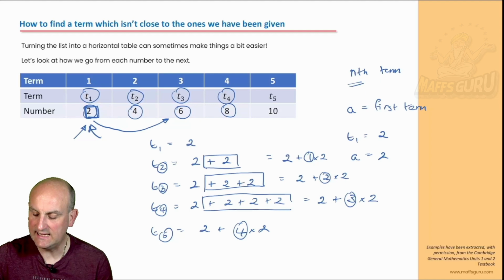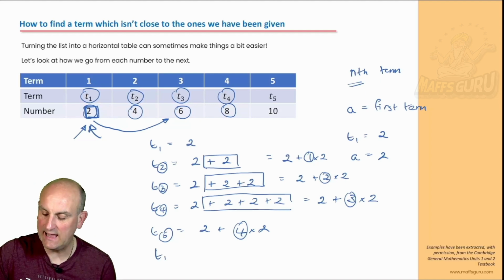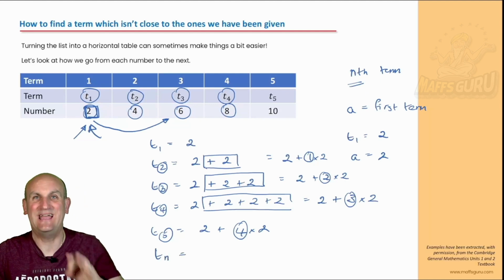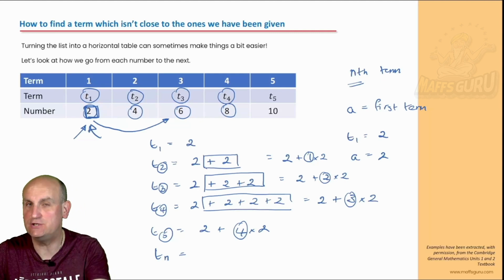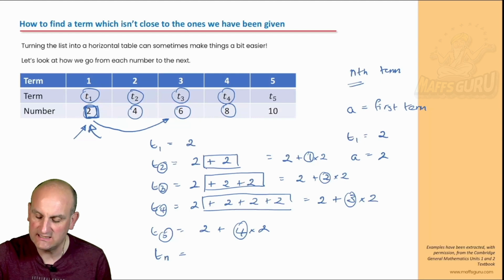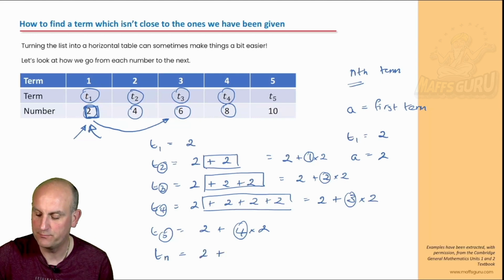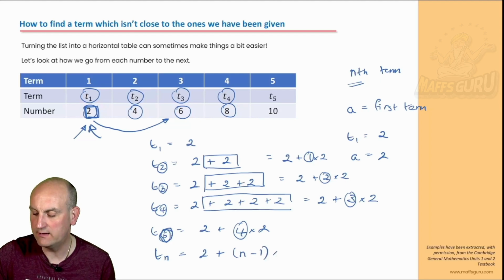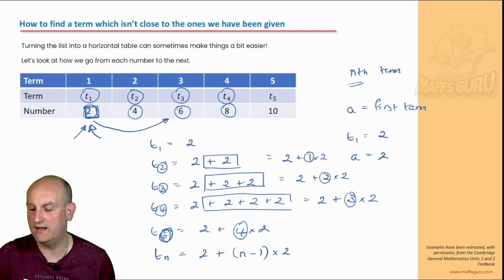So if I wanted to find any number in my sequence, and that's n, so if I know the position of this number, if I wanted the 50th number, the 100th number, I always seem to start with my first number. So in this situation, it's going to be 2, plus, well, whatever this lower value here, that 5 turned to a 4. So I'm going to take the value of n and minus 1, and I'm going to times that by the value of 2.